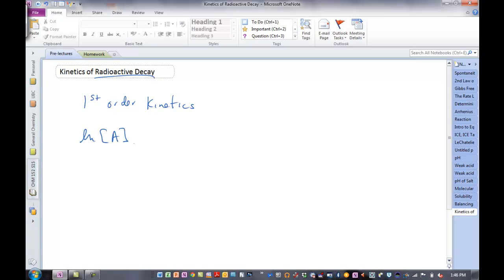And you might remember these equations. Natural log of the concentration at some time is equal to negative of the rate constant times time plus natural log of the initial concentration. Okay, this is the first order integrated rate law. Okay, and that's all review. We've done this already.